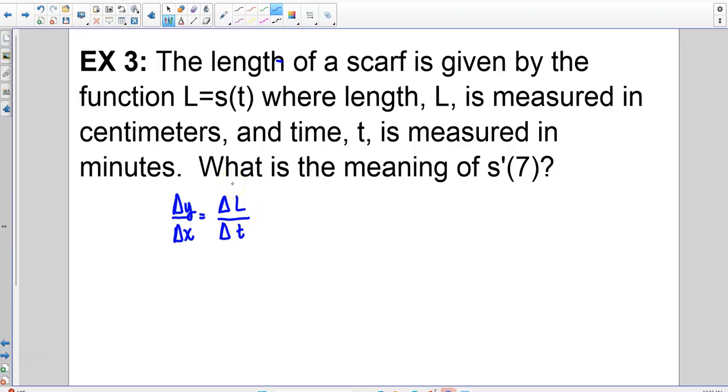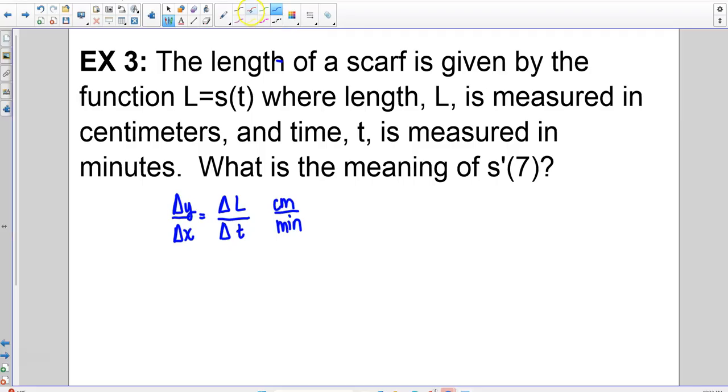So changing L is length. Length is measured in centimeters. And then t is time. It's measured in minutes. Okay? So if we're talking about a first derivative, it is a rate of change of the dependent variable, right? So we're looking at centimeters per minute.